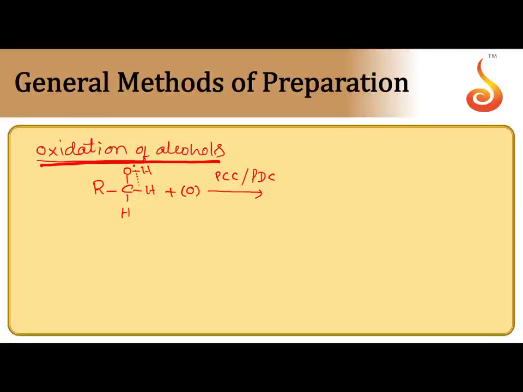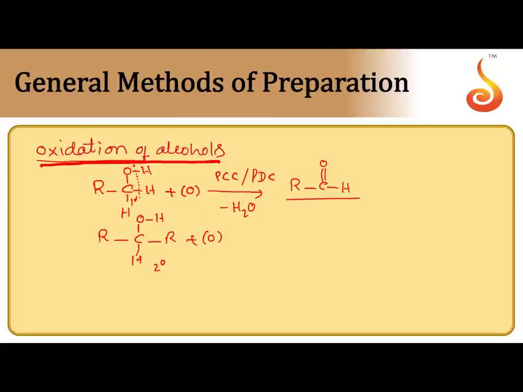One hydrogen from oxygen, one hydrogen from carbon removed in the form of H2O. So removal of hydrogen or addition of oxygen is called oxidation. Between C and O, double bond is created. That is the method of preparation of aldehyde. Similarly, for ketones, take secondary alcohol. This is secondary alcohol.